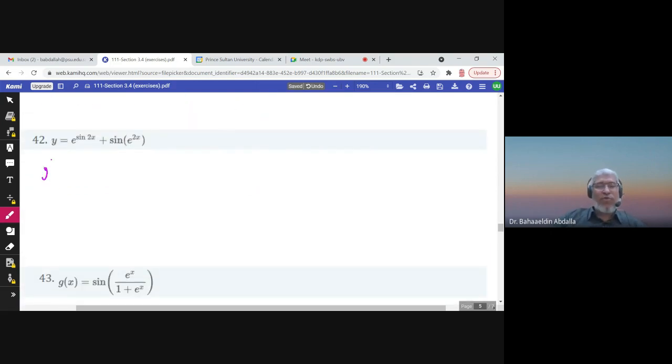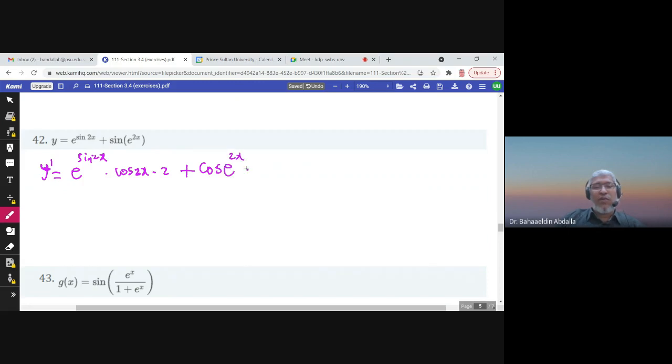Y prime would be the derivative of e, which is e, times the derivative of sine 2x, which is cosine 2x, times the derivative of 2x, which is 2. This is the derivative of the first function, plus. Here sine is the outer function. The derivative of sine is cosine.